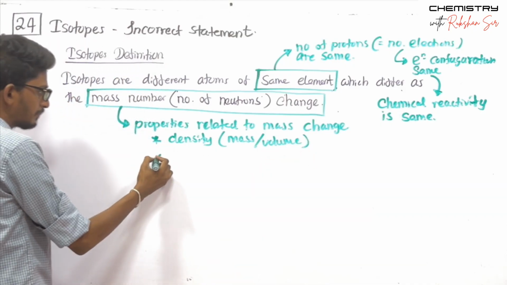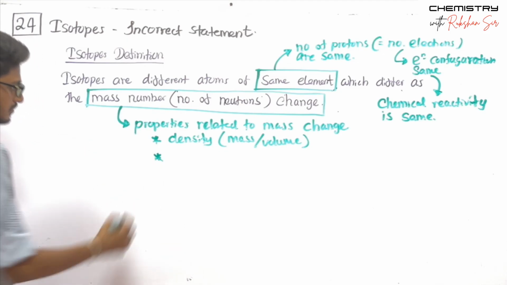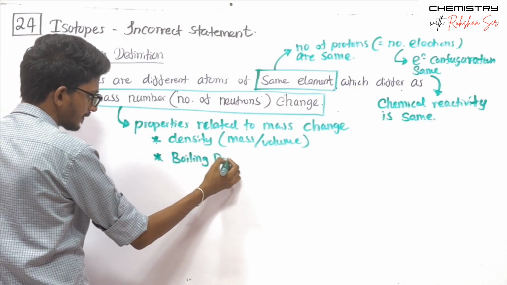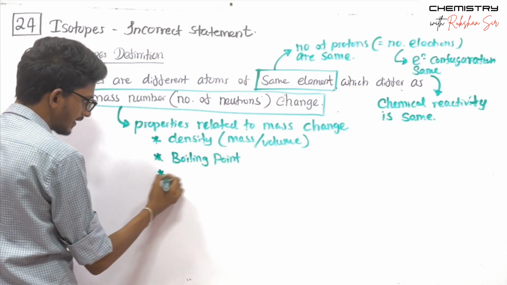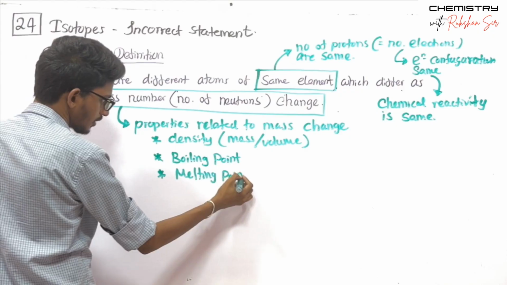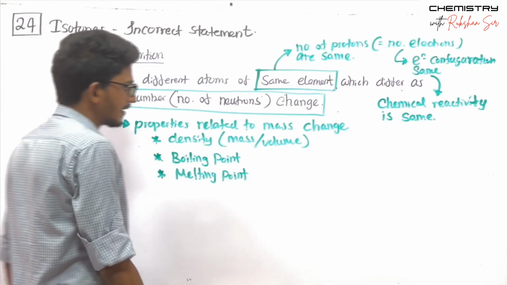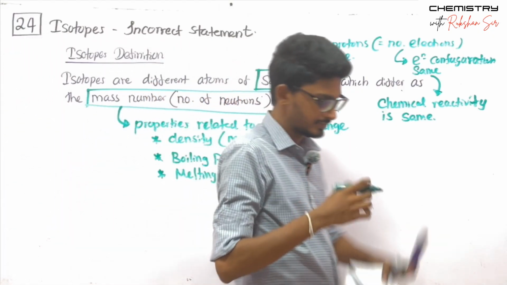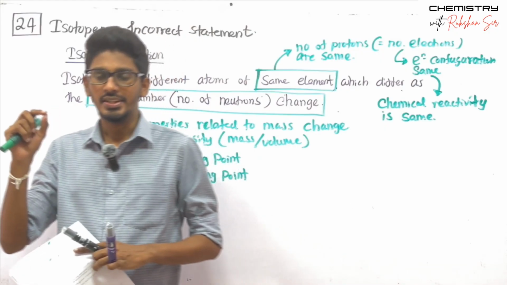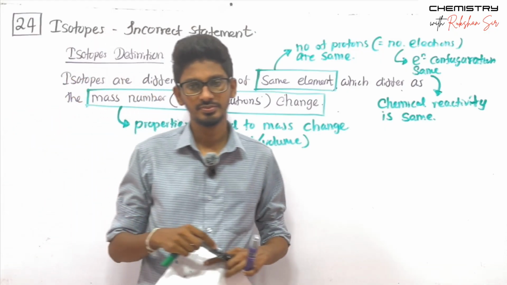Boiling points, melting points. Boiling point means the temperature you need to supply to convert a liquid to a gas.